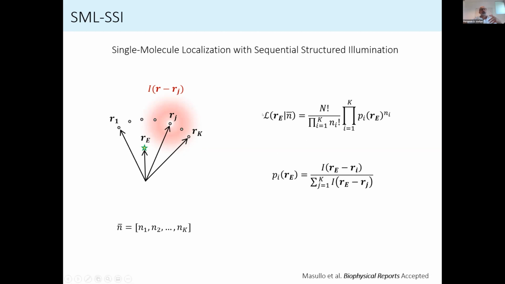To do that, we use the maximum likelihood estimation process, which is standard, and it's basically computing the multinomial probability of these detected photon numbers, considering that fluorescence is linear with the excitation field, which is the usual condition. Okay, so that's all you need.